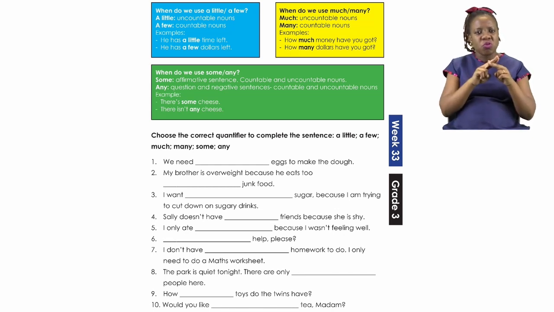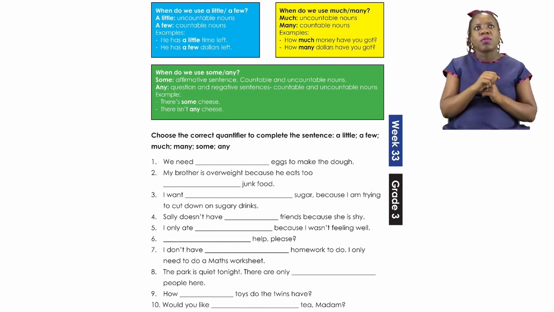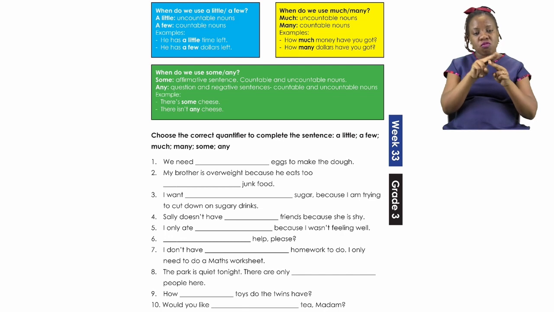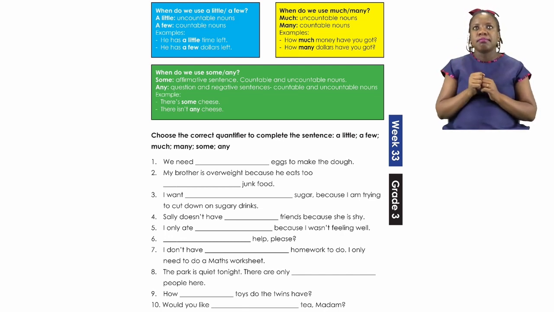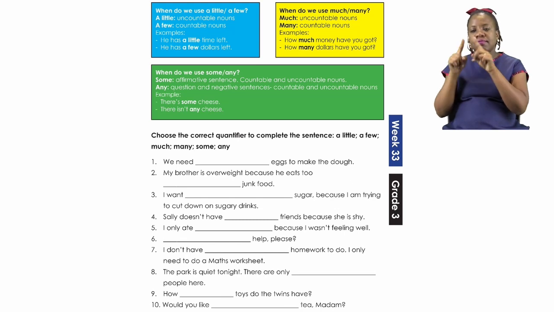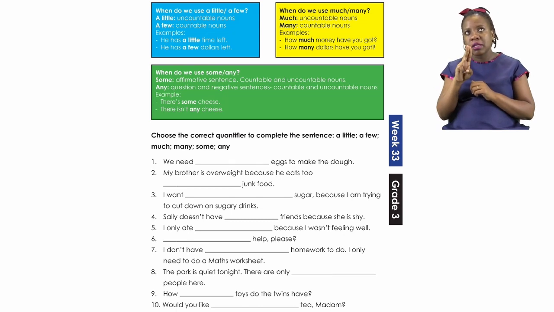And then in the yellow block it says, when do we use much or many? Much is used for uncountable nouns and many is used for countable nouns. All right. And then at the bottom you will see some examples. Now let's quickly look at the green block.